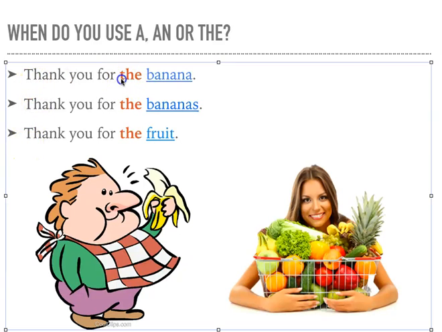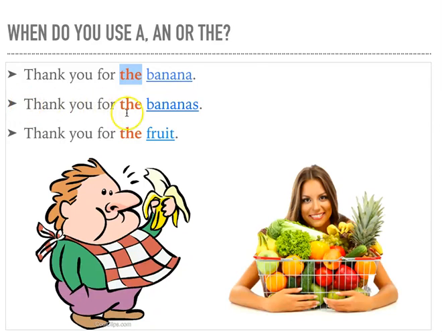When we use the article the, we're actually talking about something specific. So for example, if I give a banana to a friend, they might say, thank you for the banana. It's the exact same banana that both my friend and I are thinking about, so we can use the article the.